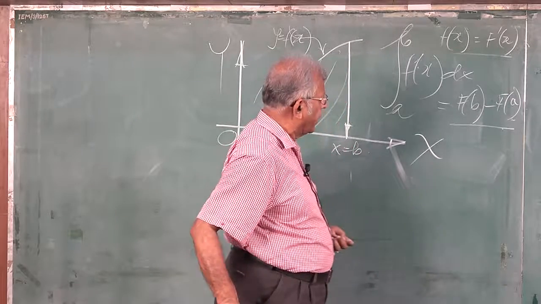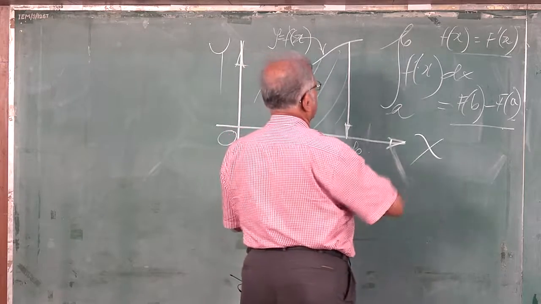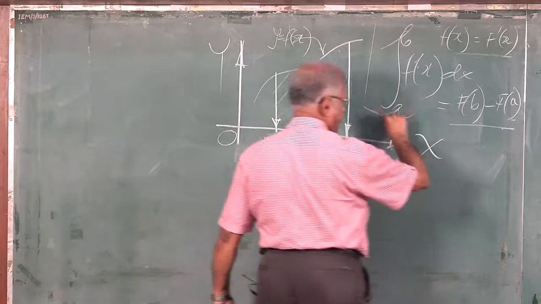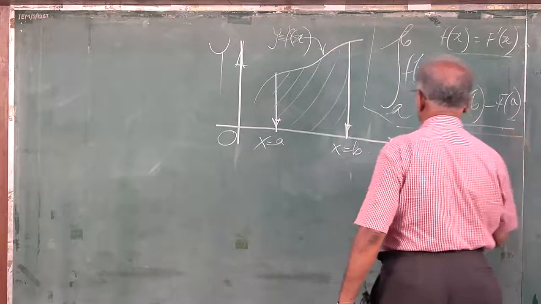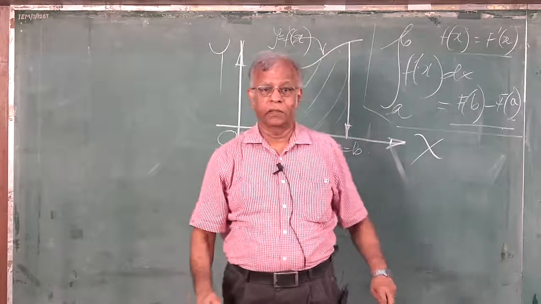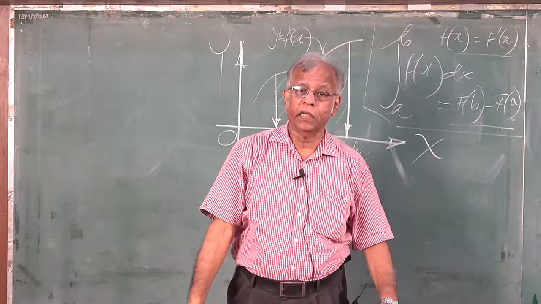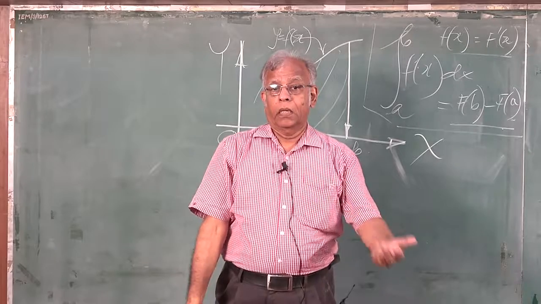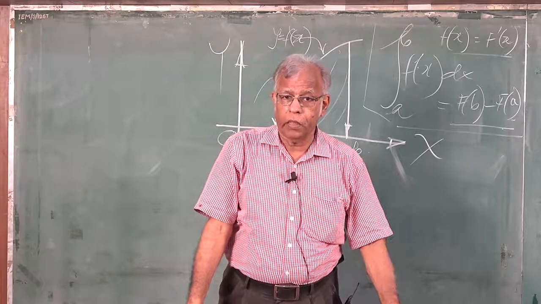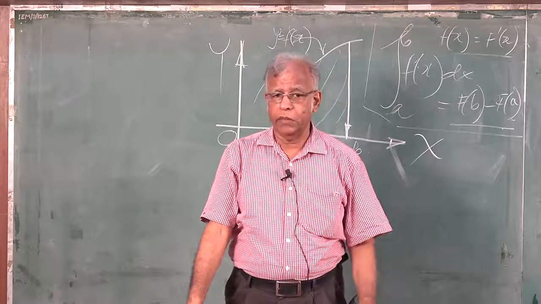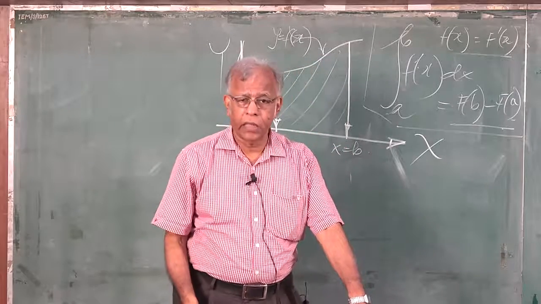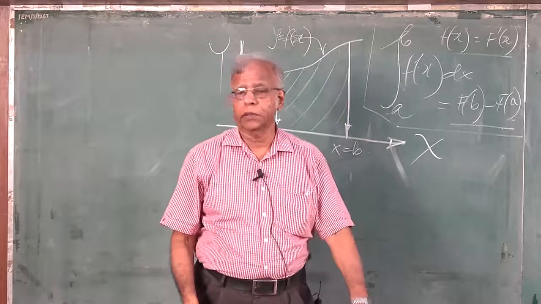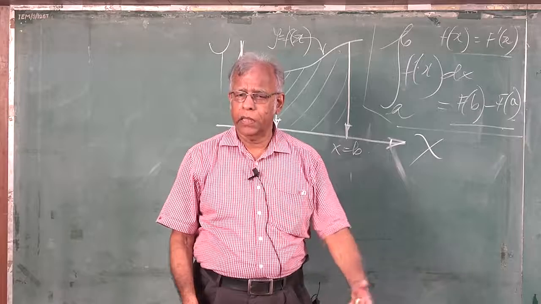That is number one. Number two, this formula is called the fundamental theorem of the integral calculus. It is due to Carl Friedrich Gauss. We may have mentioned his name in other lectures, but it doesn't matter if we learn important items again and again.